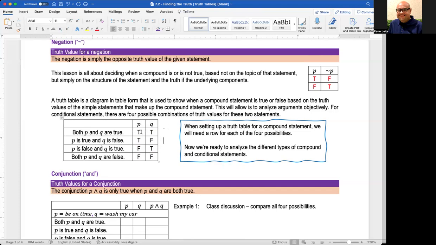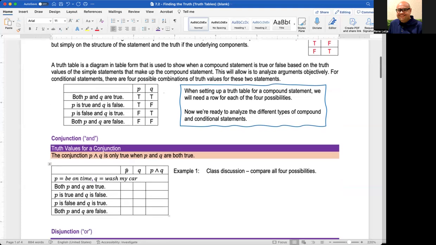When P is true, then Q can either be true or false. Then we repeat that same scenario, but this time when P is false, Q can still be either true or false. So these are your 4 setups that you will always start your table with.